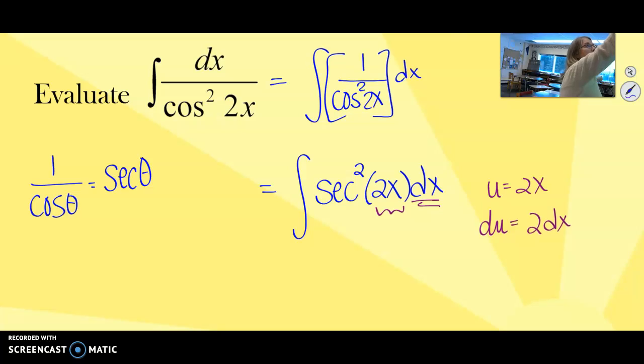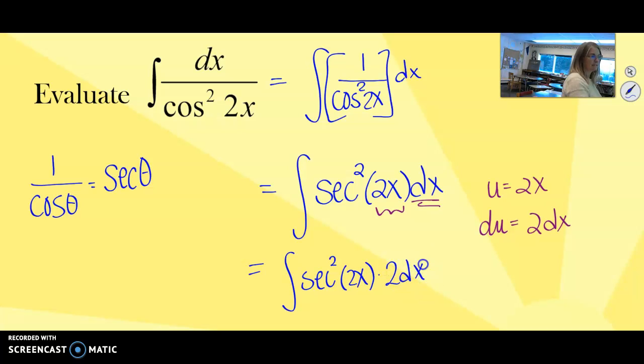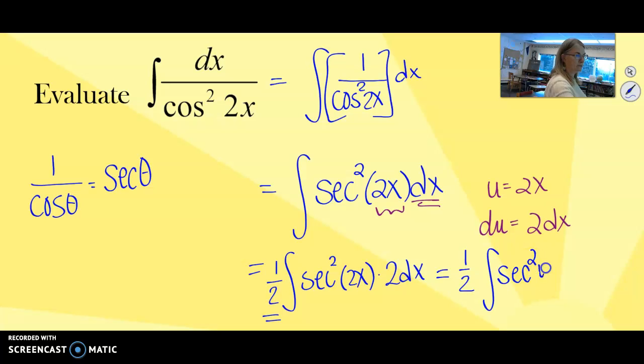So when I rewrite this, it's going to be the secant squared of 2x, and then I'm going to put a 2 and then a dx, but I also have to multiply by that 1/2 in front. Then if we put our u substitution in here, I have the 1/2 and the integral of secant squared u du.